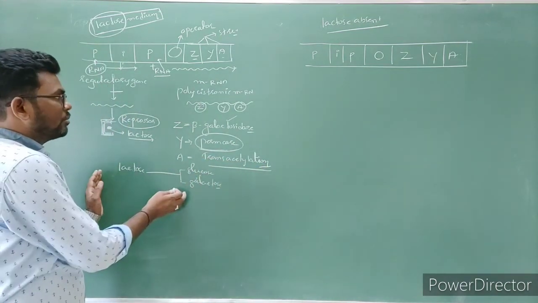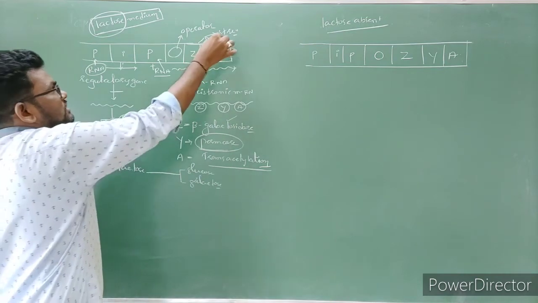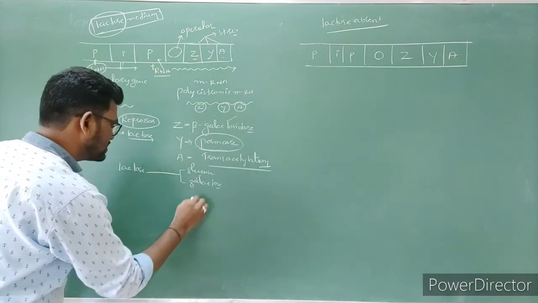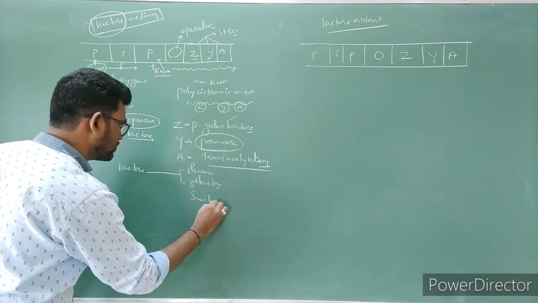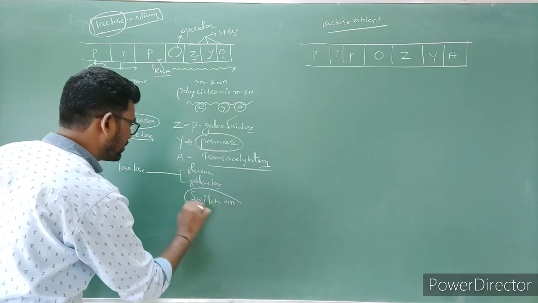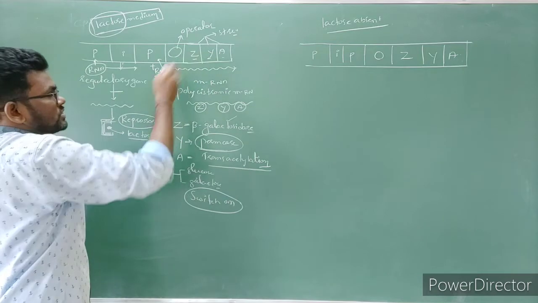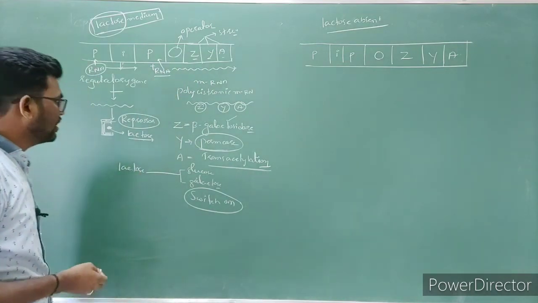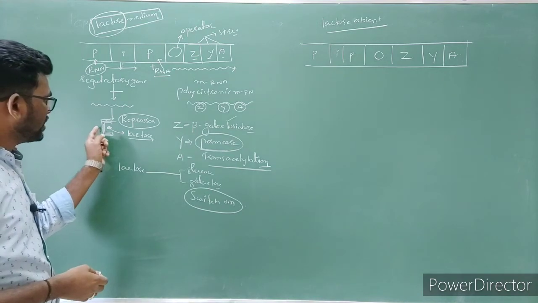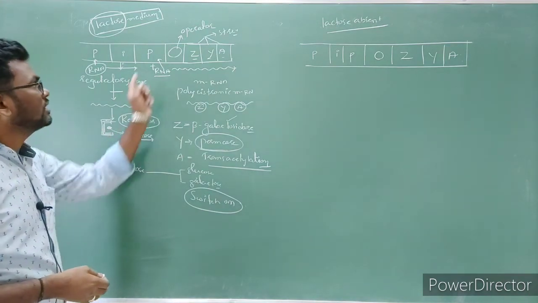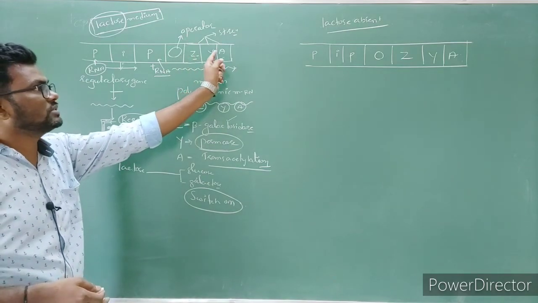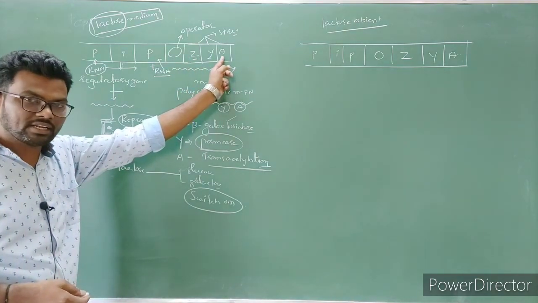In this case the structural gene expression is on, so that is why it is called switched on. When the repressor is bound with lactose, then the operator-containing structural genes are on, right?